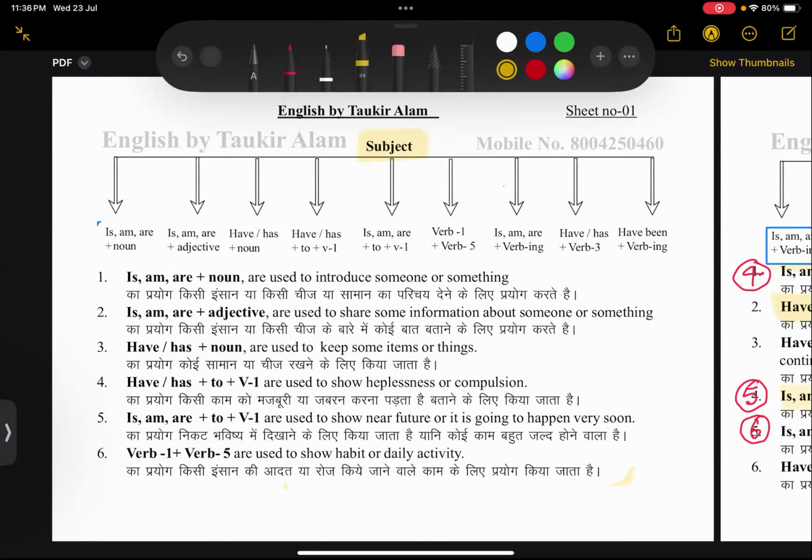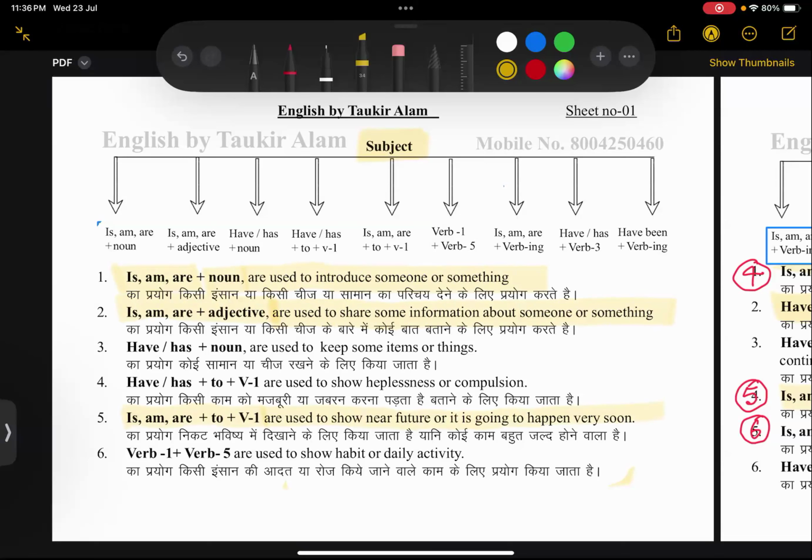For example, yesterday we were discussing that you can use is, am, are with a noun, and this means you are going to introduce someone or something. Also, is, am, are are used with an adjective to share some information about someone or something. Is, am, are plus to plus verb in first form are used to show near future. It's going to happen very soon.